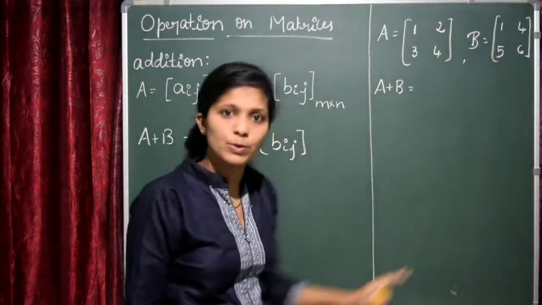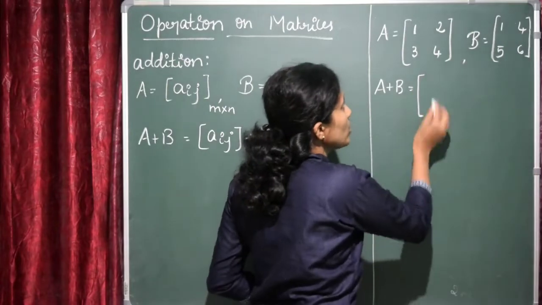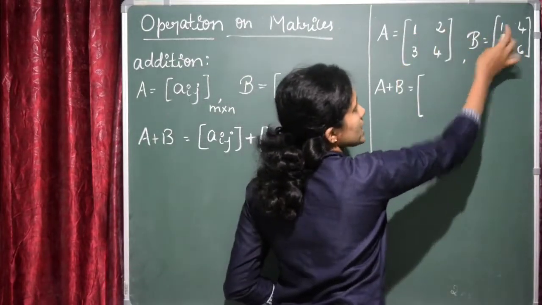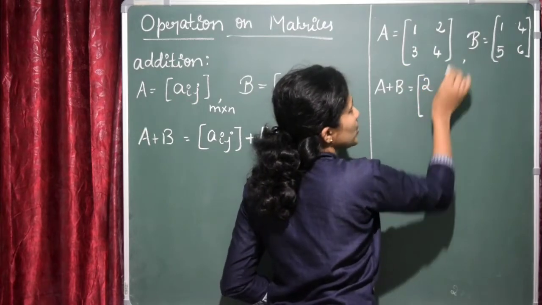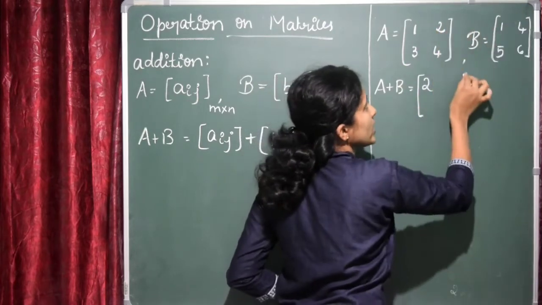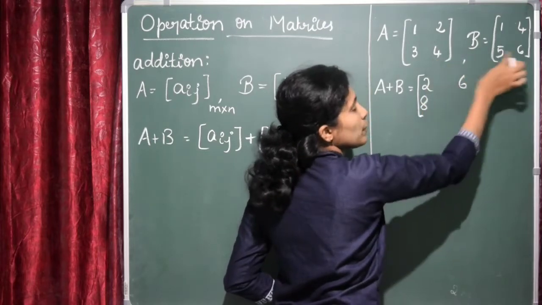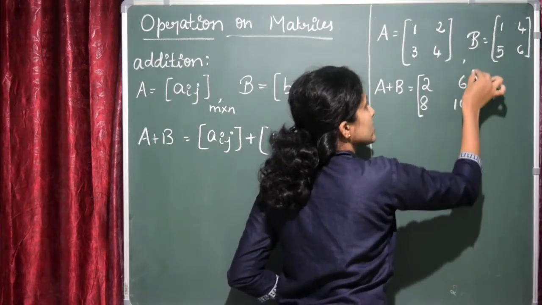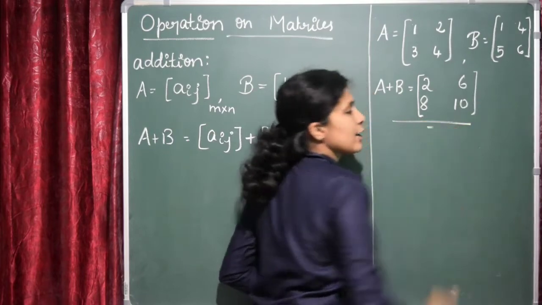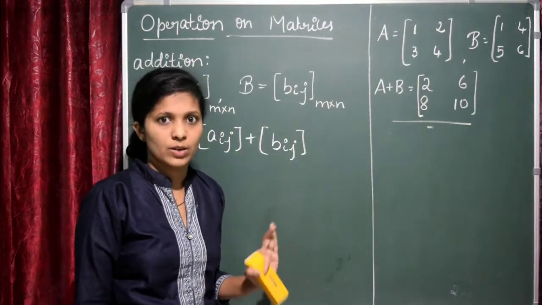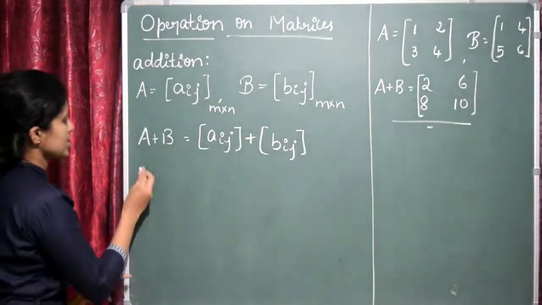So the order is the same, you can add the matrices. You just have to add the corresponding elements. Here 1 plus 1 will be 2, and 2 plus 4 is 6. 3 plus 5 is 8. Then 4 plus 6 is 10. This is the addition of two matrices. If the order is not the same, then the addition is not defined. Okay? This is the addition, a simple one.